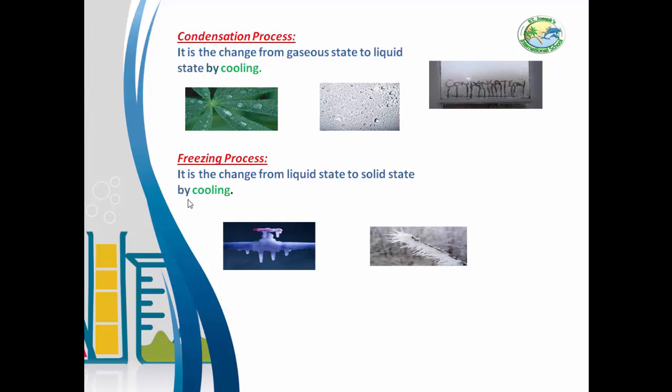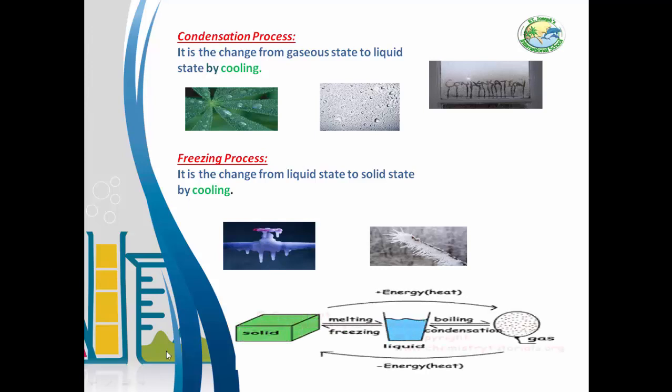Finally, in this lesson, we learned first the states of matter, which are solids, liquids, and gases, and we talked about some examples for each one of them. Then we studied how to change matter from one state to another by heating or cooling. As we said, solid can change into liquid by heating, and this process is known as melting.